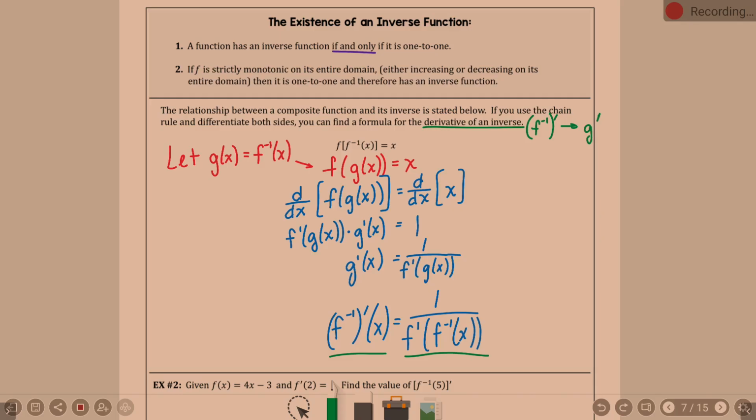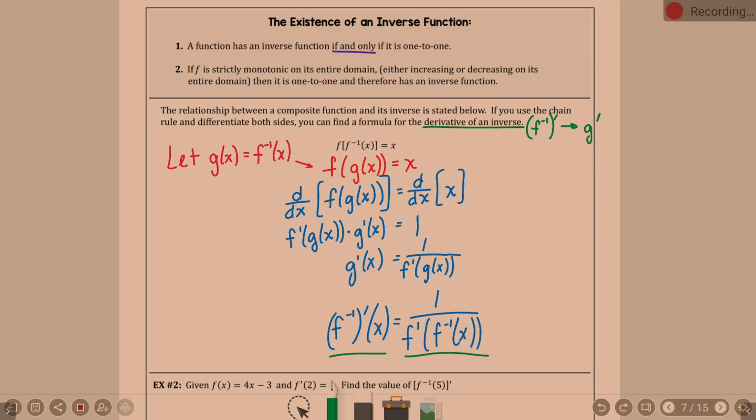Okay. Let's see if I can keep example 2 straight as I go through it. Example 2. They give me f of x equals 4x minus 3. They give me f prime at 2 is equal to 4. And they want me to find the derivative of f inverse of 5.